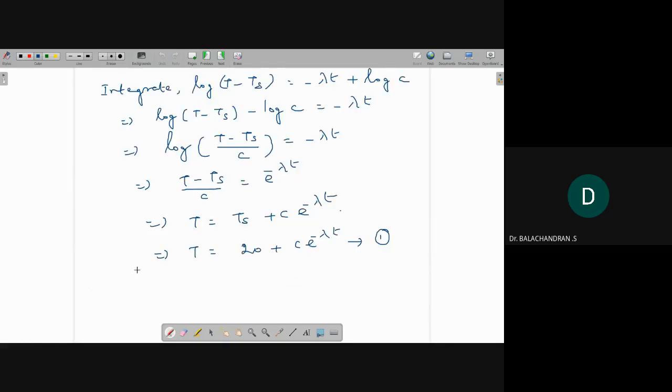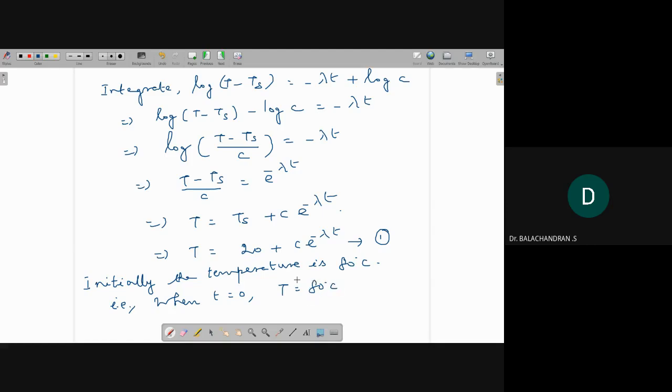So that means initially the temperature is 80 degrees Celsius. That is, when t = 0, capital T = 80 degrees Celsius.